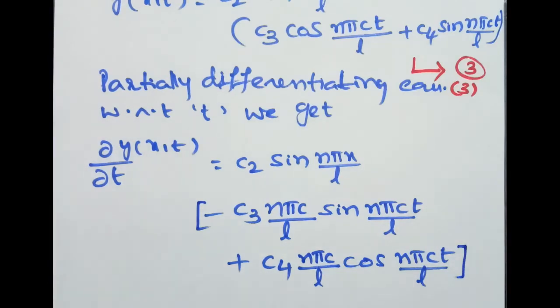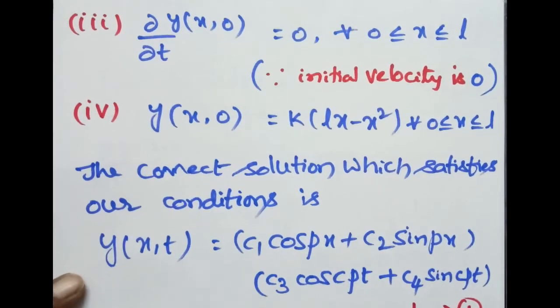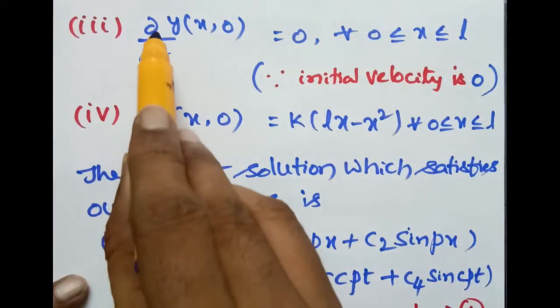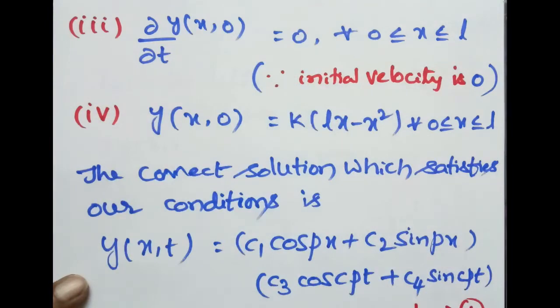Now applying condition number 3. What is condition number 3? Dou by dou t of y of x comma 0. That means put t equal to 0.